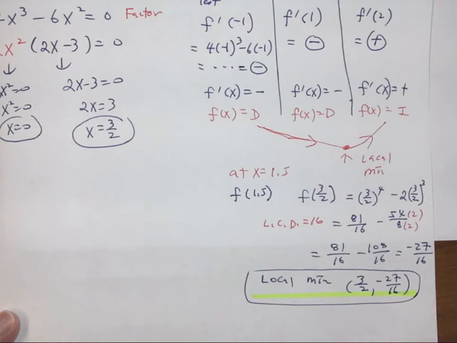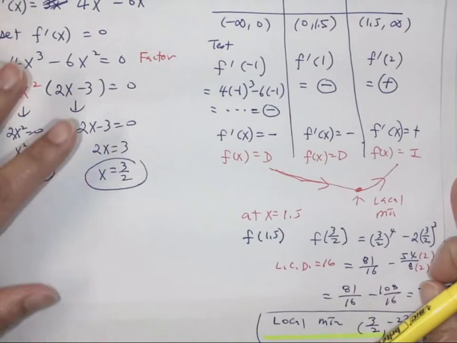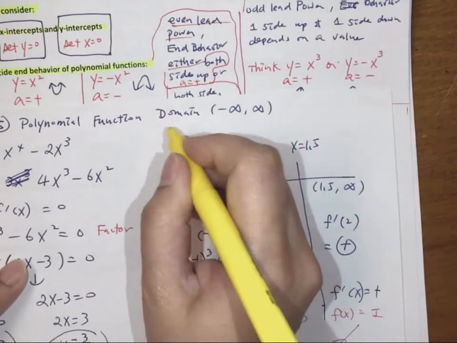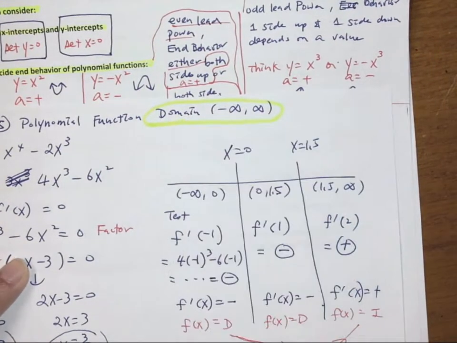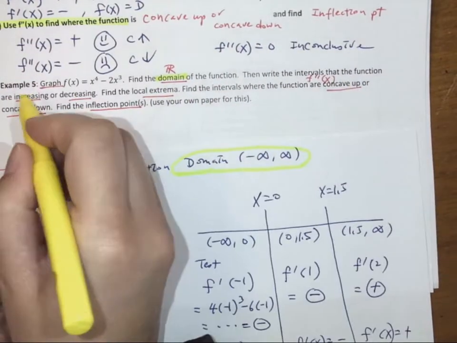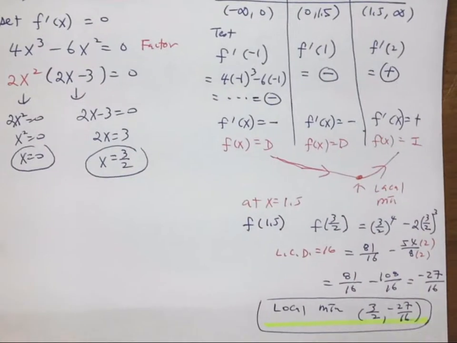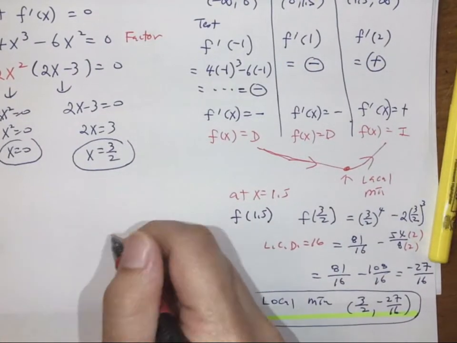And we already know the increasing and decreasing part, right? So we found the domain at the beginning is negative infinity to infinity. So we want to keep track of what we found: increasing, decreasing, local extrema.